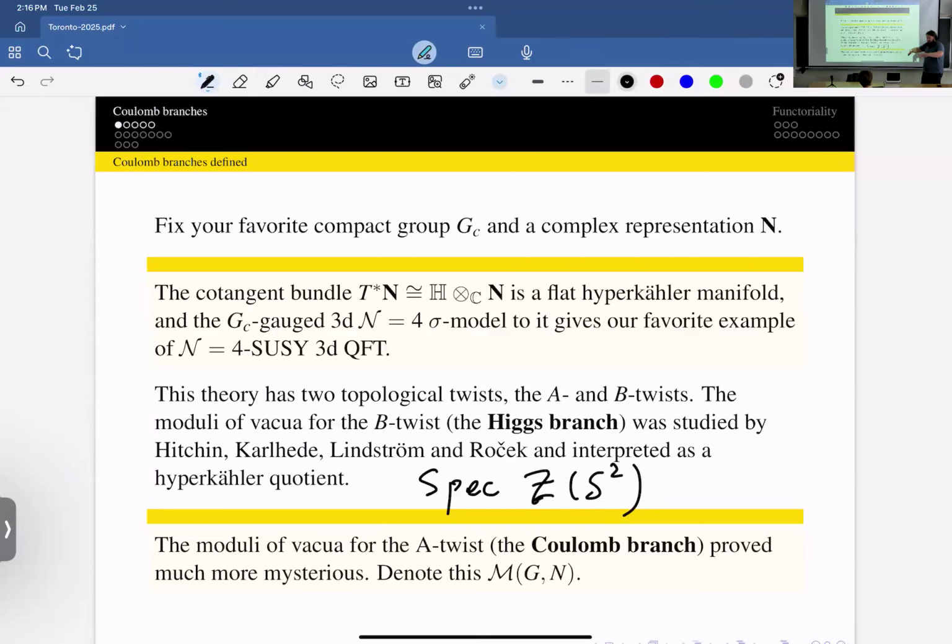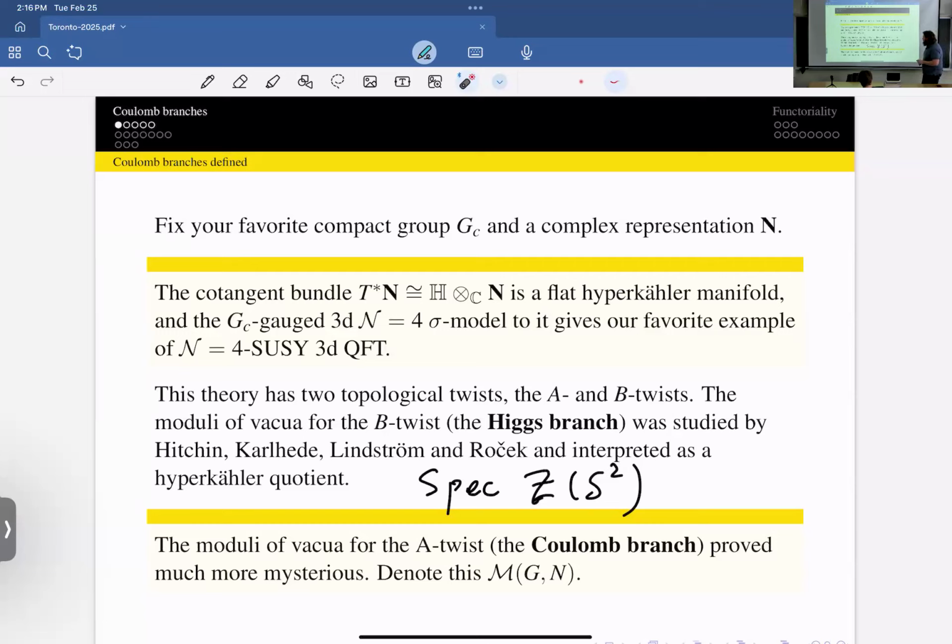Whereas this guy has some wild, complicated moduli space of vacua. I just wanted to emphasize that this is a concrete part of the TQFT, but it doesn't show up very much in the usual way that people think about TQFT. I called these TQFTs, but they have a very different flavor from most of the ones you would have seen before, like the ones coming from quantum groups.